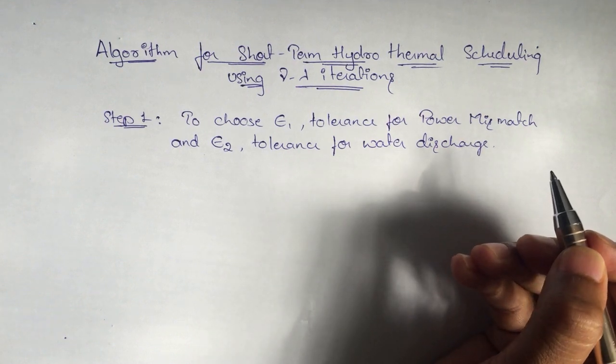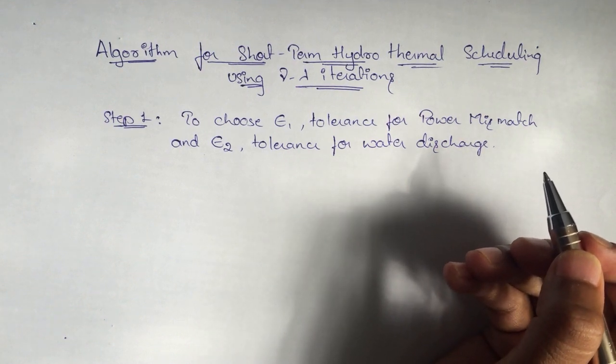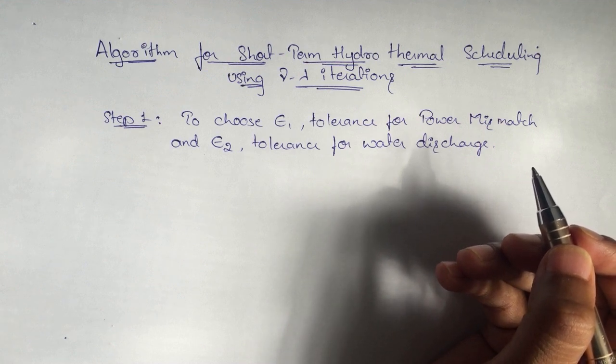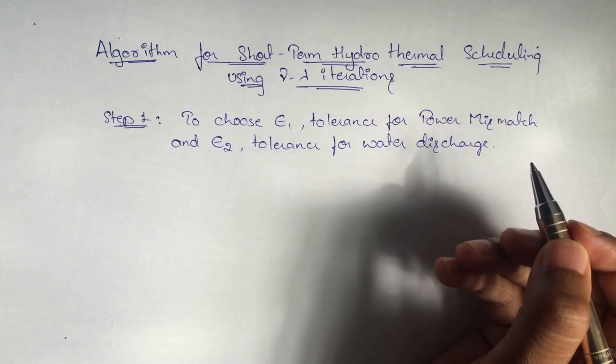We are going to define the tolerance for both power mismatch and water discharge, and they are respectively epsilon 1 and epsilon 2. We are making sure of the tolerance in the first step.